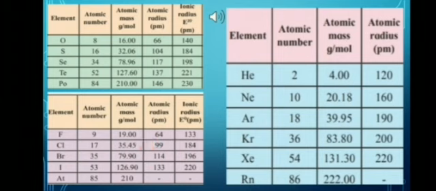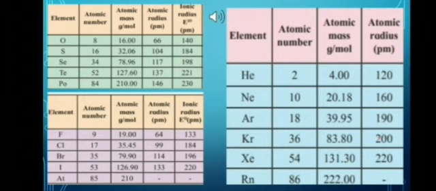Now in group 18, the atomic radii of elements of this group are larger than the atomic radii of the corresponding elements of group 17, the halogens. The atomic radii increase on moving down the group from helium to xenon.